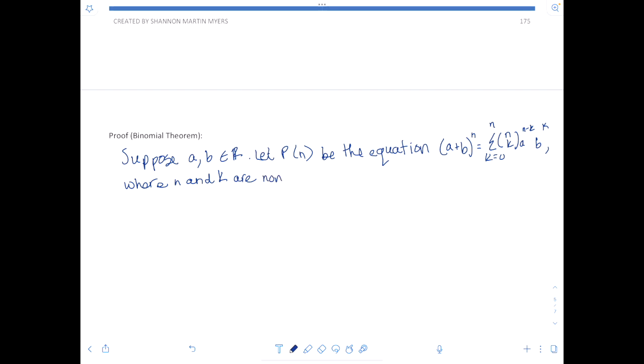The reason they're saying non-negative is because they can be 0. And k has to be less than or equal to n.